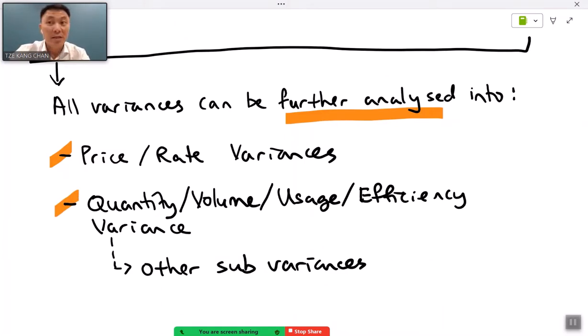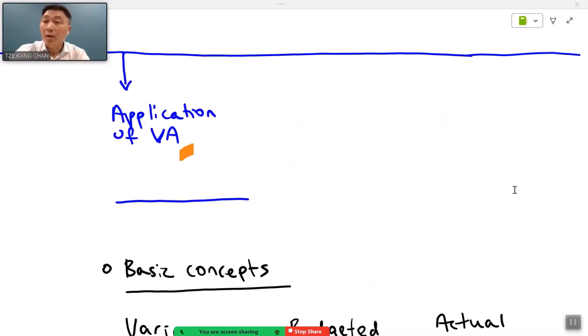Secondly, variances that depict the differences between the budgeted quantity versus the actual quantity. These are called the quantity or volume, usage, or sometimes efficiency variances. For some of the specific variances, such types could be further divided into other subvariances that will be discussed in some other part of the syllabus. With that, it demonstrates the overview of the applications of variances analysis.